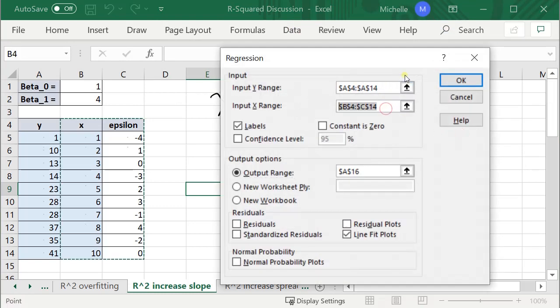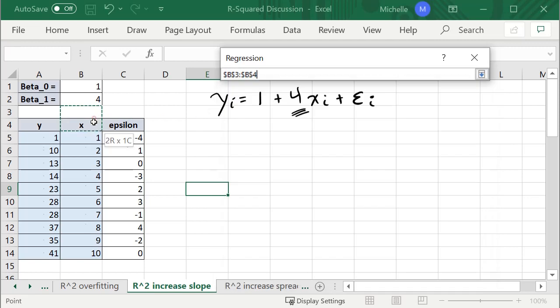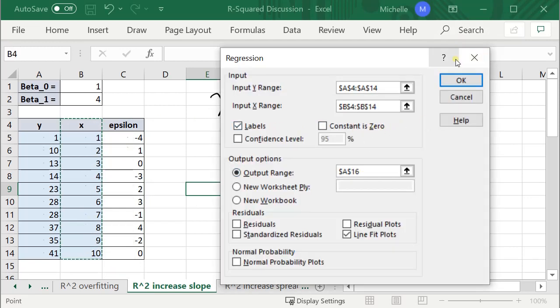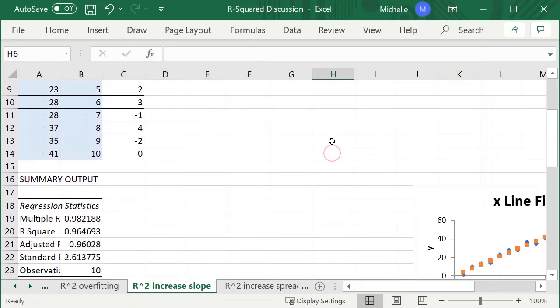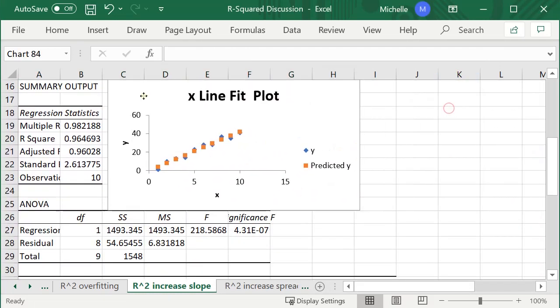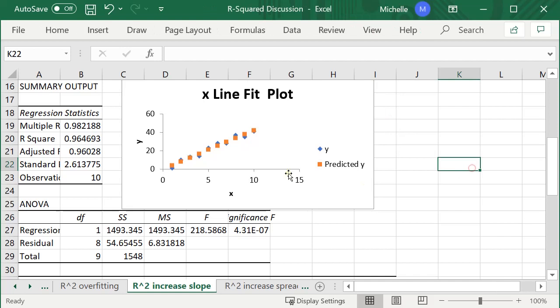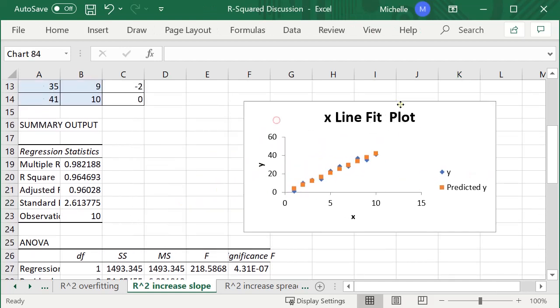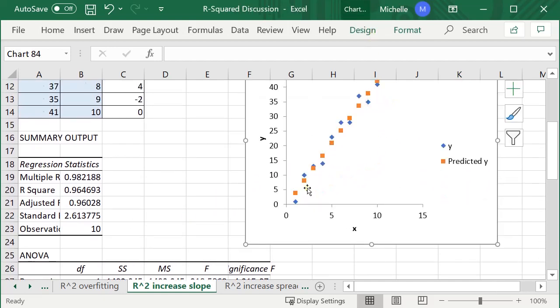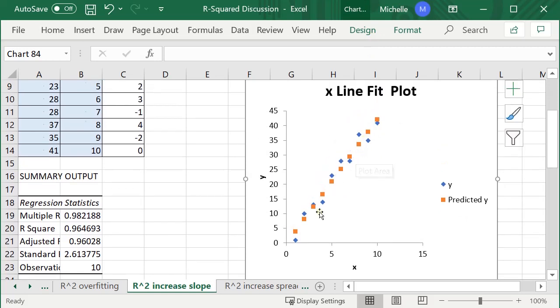I think I need to change this to being just the x values again. All right, labels, all that stuff. Okay, press OK. All right, so my line fit plot looks very similar. The slope is now much steeper, right? Slope used to only be 2, but now it's 4, so we do have a steeper slope.